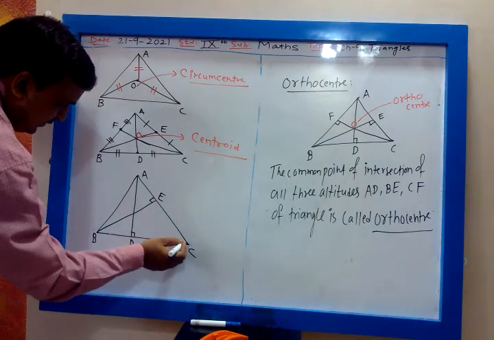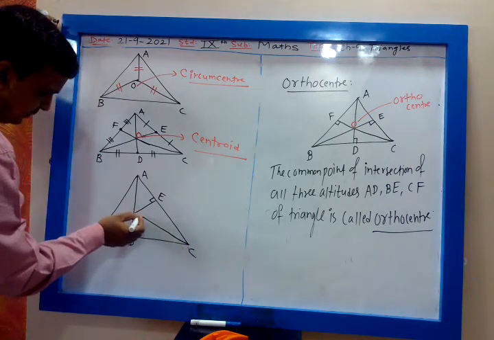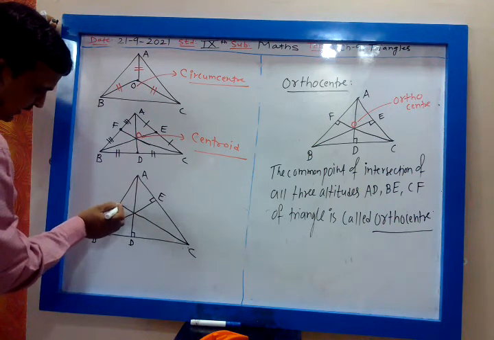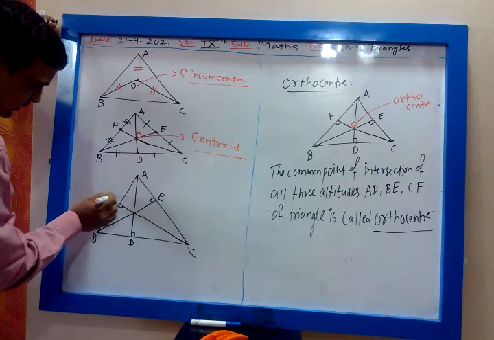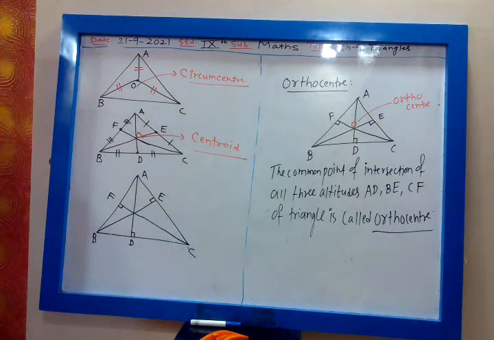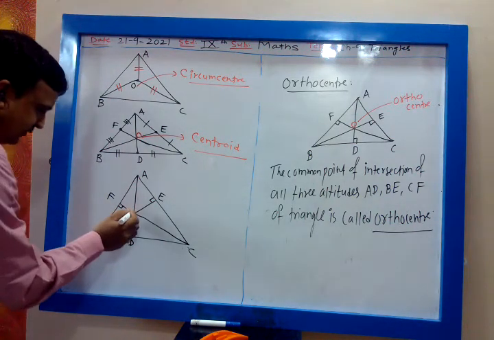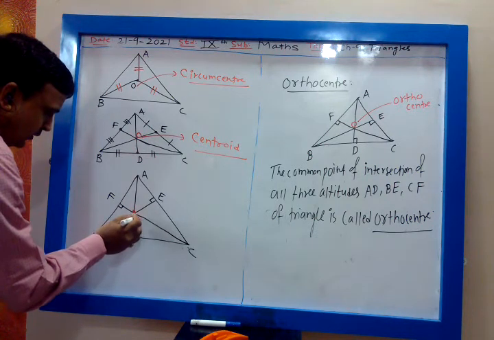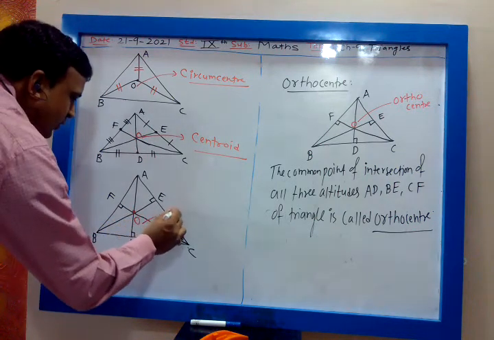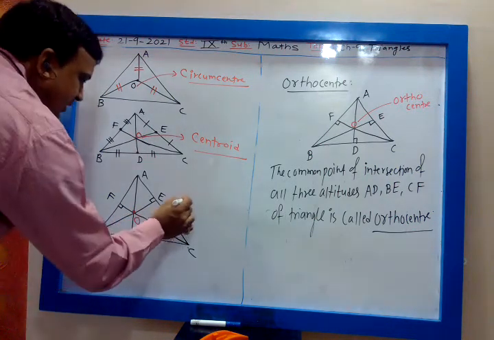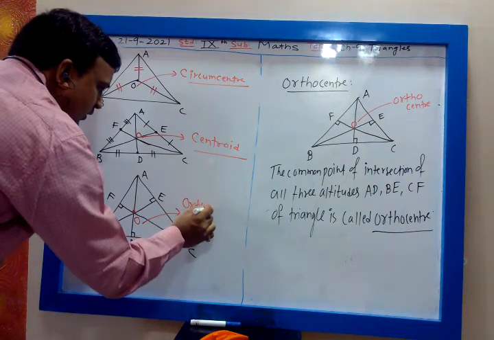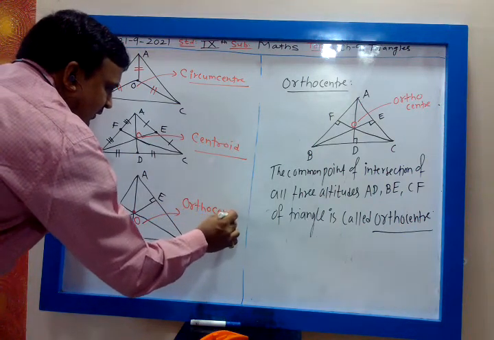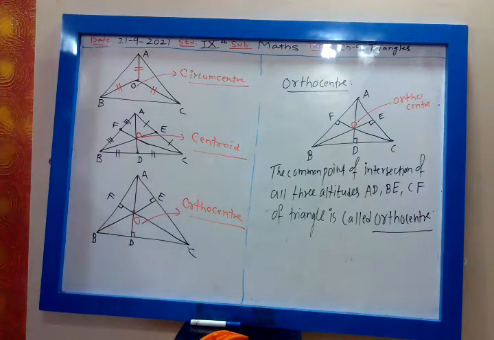Then CF is perpendicular to AB. So CF is an altitude. The point of intersection of all three altitudes is O. So in this case my O is called the orthocenter. Is it clear?